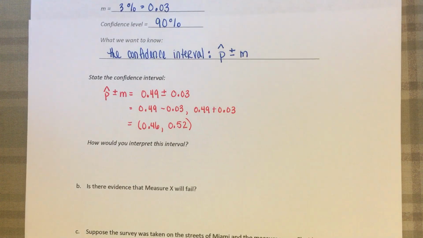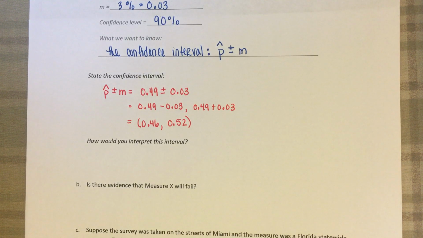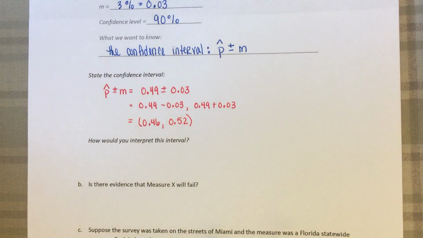All right, so how would we interpret this interval? So just like we did in the previous example, we're going to start by mentioning our confidence level, then we're going to mention the proportion in question, and then we're going to give a range of values.